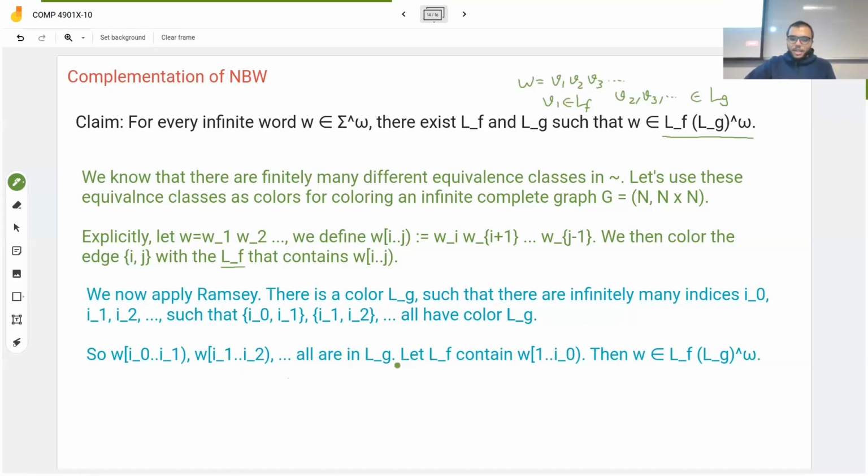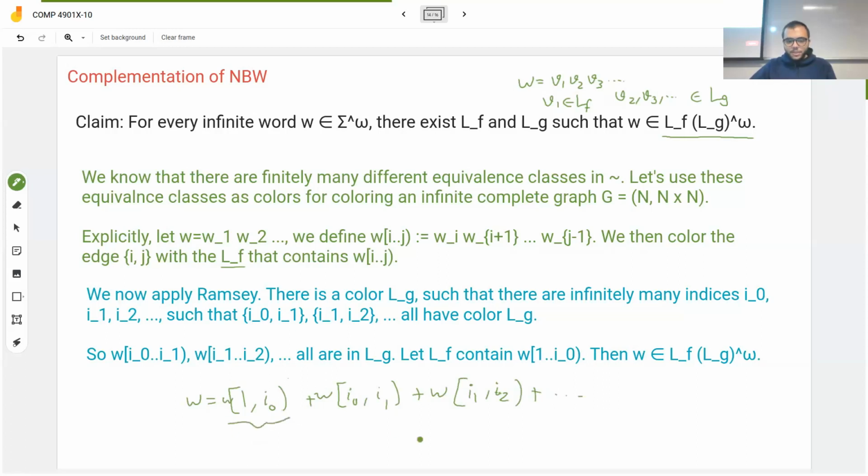Okay, great. So I just take the substring from the beginning of my string to I0, and I take its equivalence class, and I call that LF. So now my W is in LF LG omega. Right? Because I could write my W in this way. Basically, it's W from index 1 to I0, plus W from index I0 to I1, plus W from index I1 to I2, and so on.